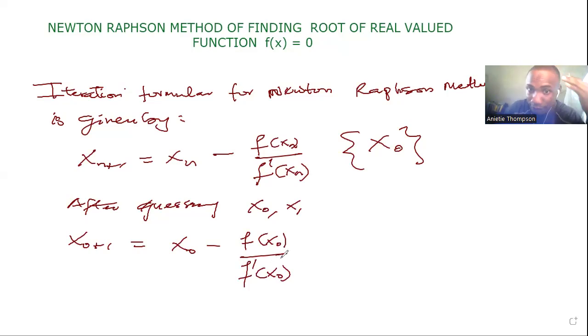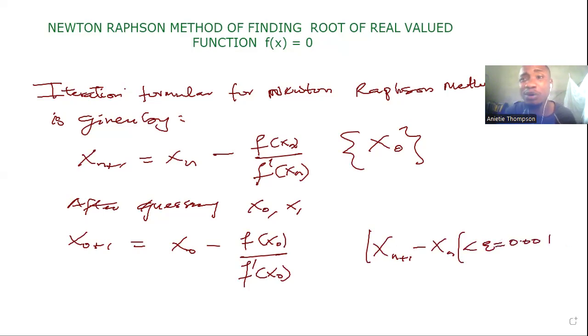If you want to find x2, the initial value will be the x1 value. That is how the iteration goes until you check that the absolute value of x_{n+1} minus x_n is less than the epsilon value, assuming I guess my epsilon value to be 0.001. That means at 3 decimal places, I should have a value that is tending to 0.